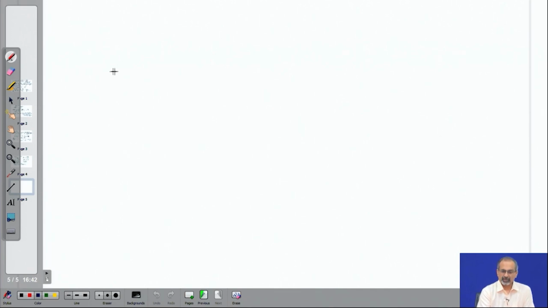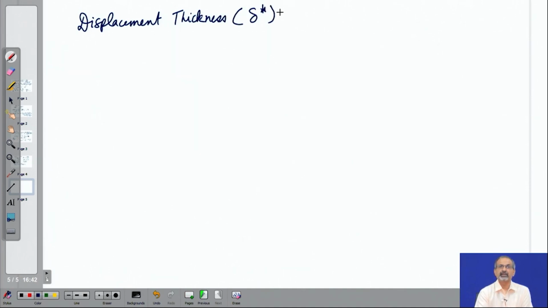In the context of boundary layer theory, it would be very inappropriate not to talk about the concept of displacement thickness, which is represented as delta star.